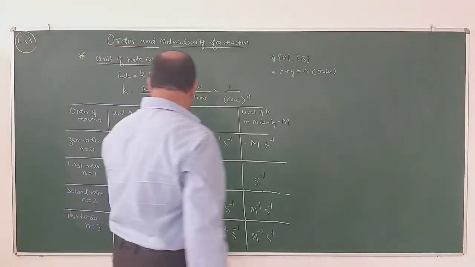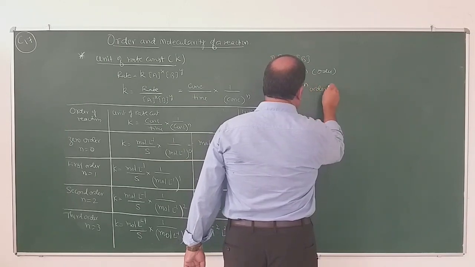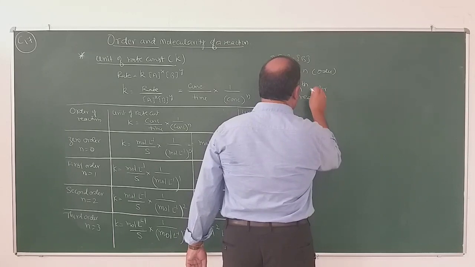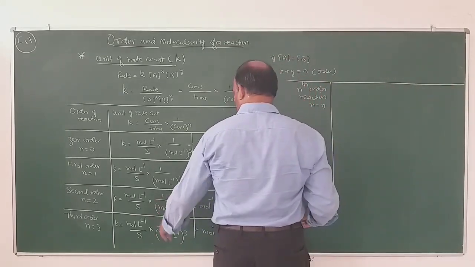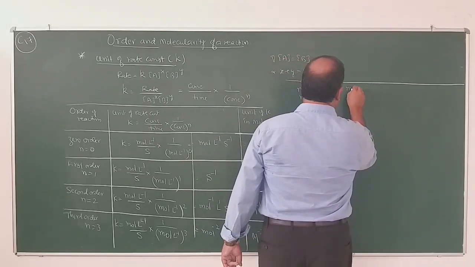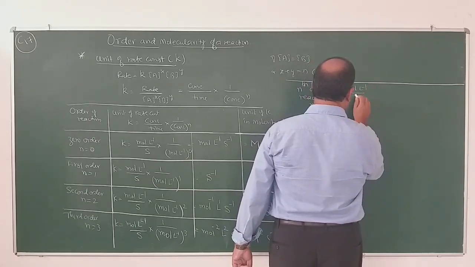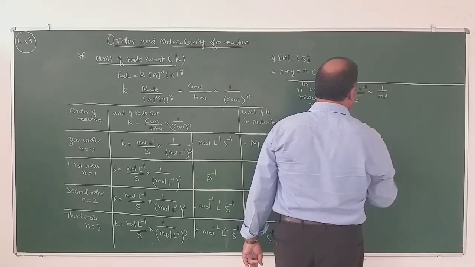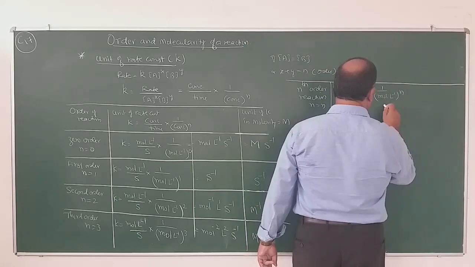So lastly, similarly for an nth order reaction, n equals n. For an nth order reaction, what is K equal to? K is equal to mole liter minus 1 divided by second into 1 over mole liter minus 1 to the power of n.